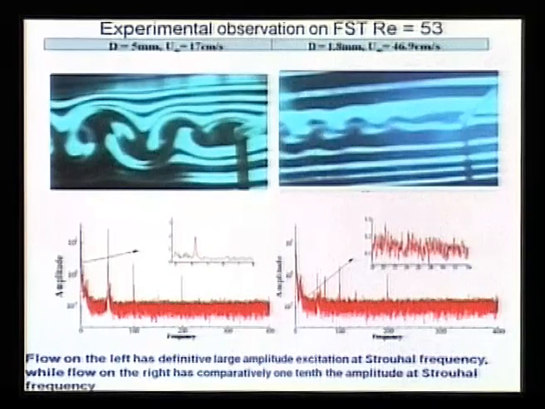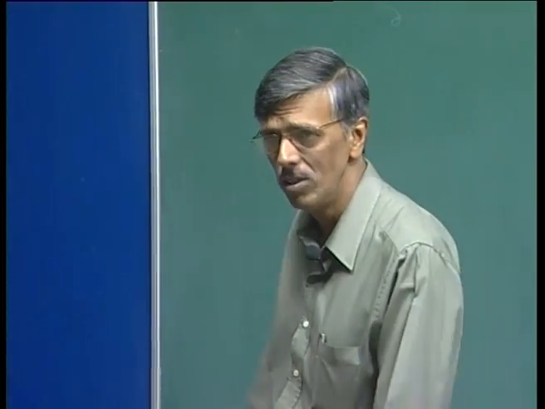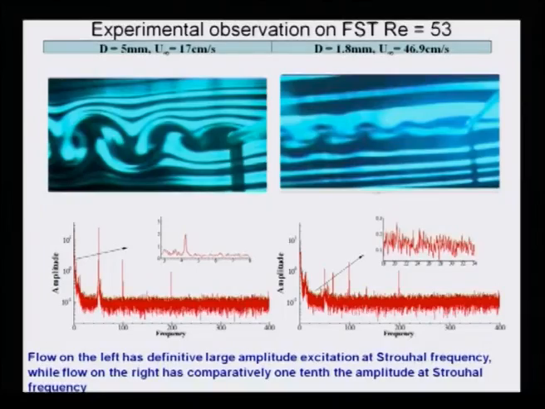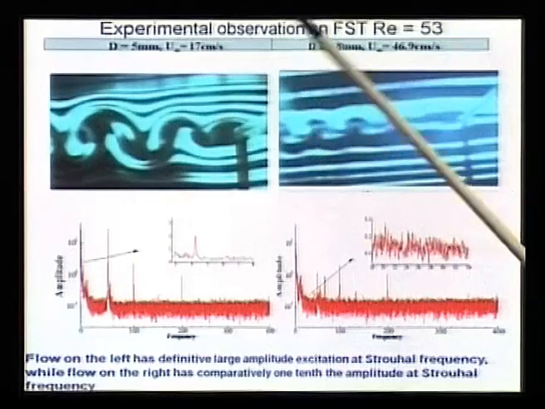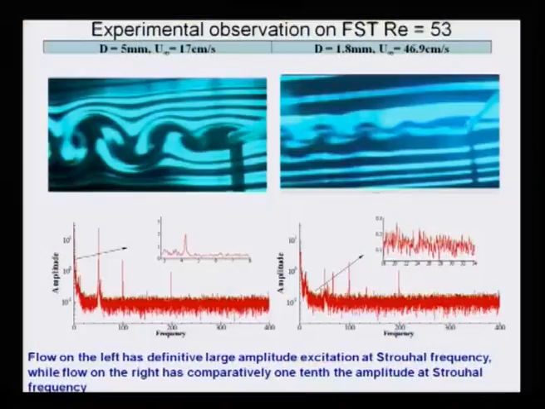If I now try to do an analysis and compare these two experimental results, what we did was we removed the models and ran the tunnel without any model at those speeds, 17 centimeter per second and 47 centimeter per second, and obtained a time series.